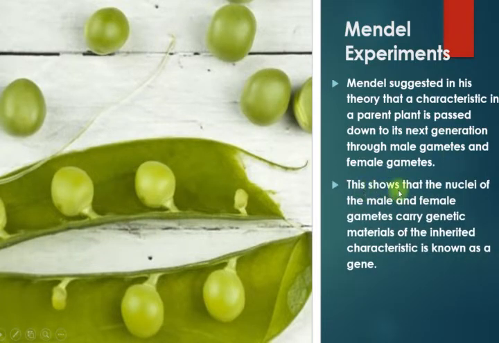This shows that the nuclei of the male and female gametes carry genetic material of the inherited characteristics, which is known as a gene. The nuclei is the plural of nucleus.